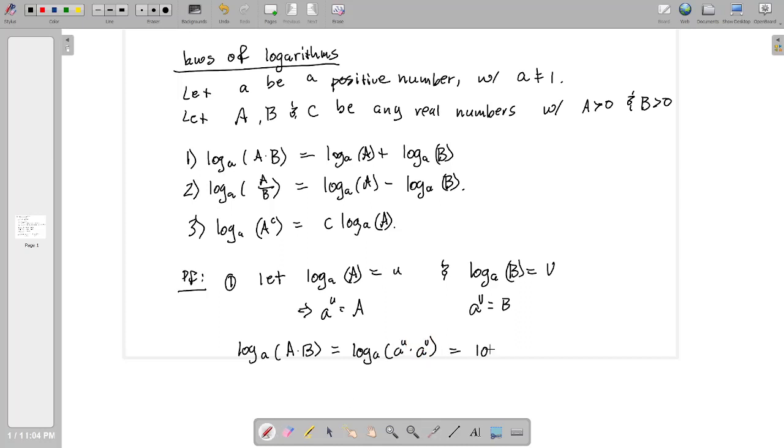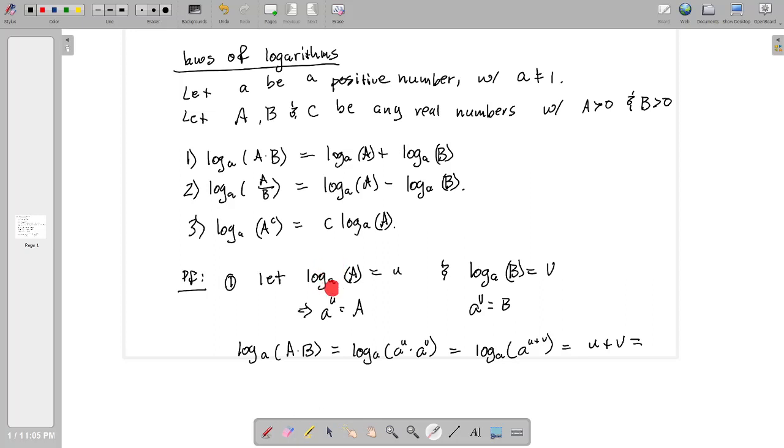And we get log base a of a to the u plus v. As you can see, this logarithm will mean a to some power equals a to the u plus v. That power is obviously u plus v. Because u plus v is the power on a, and that's the power we're looking for. Now we resubstitute our u and v.